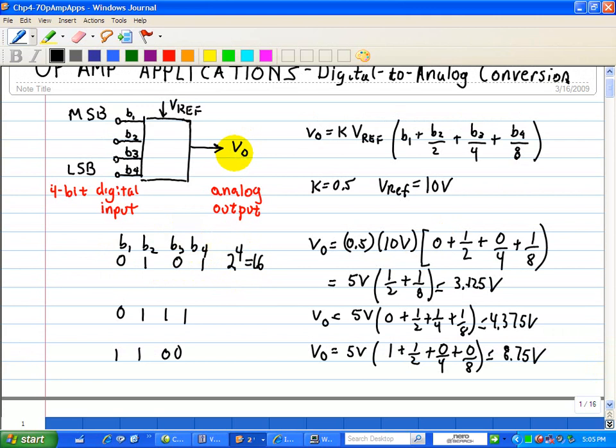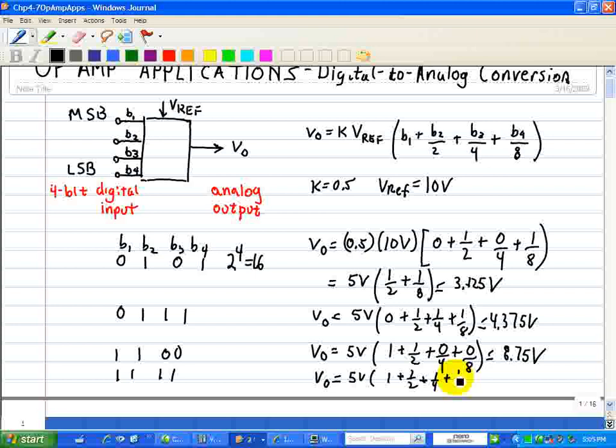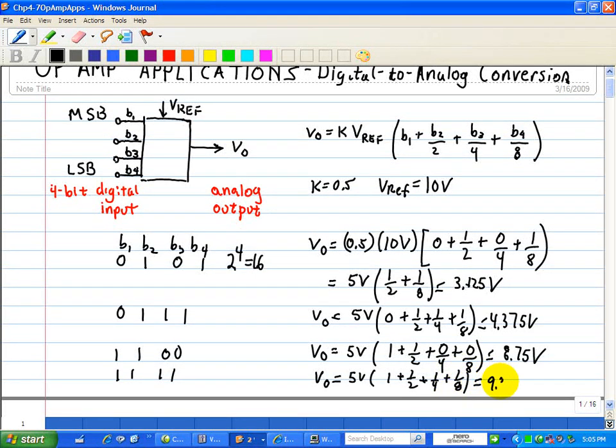The full-scale output of a DAC is defined as the output when the input bits are all 1. So when it's all 1, that's our full-scale output of the DAC. And in this case, when it's all 1, we see that 5 volts times 1 plus 1/2 plus 1/4 plus 1/8 will give us our maximum voltage of 9.375 volts for this example.